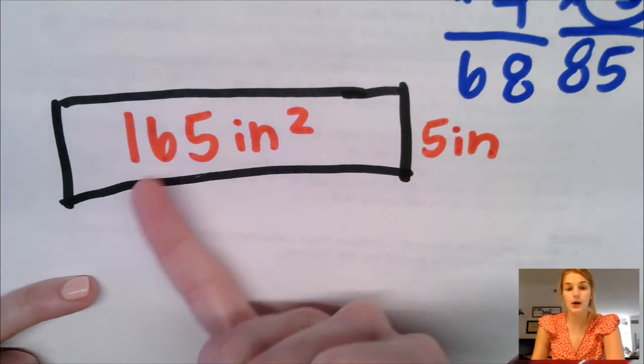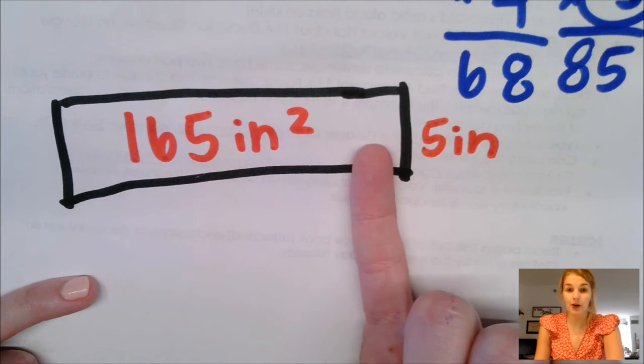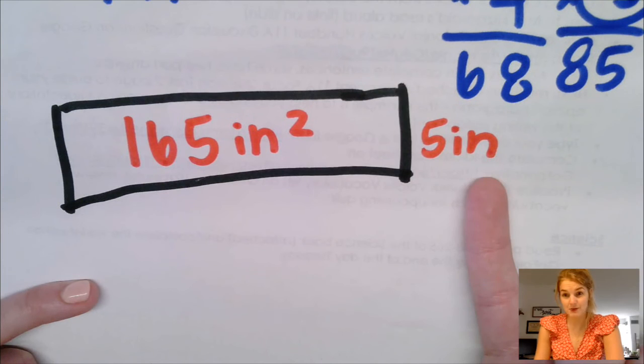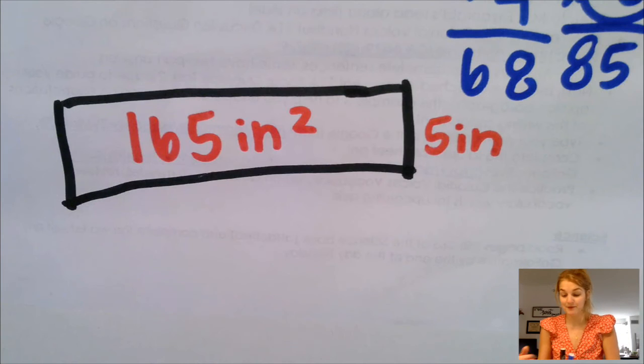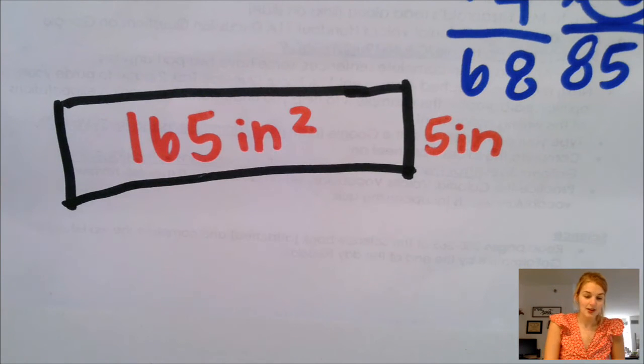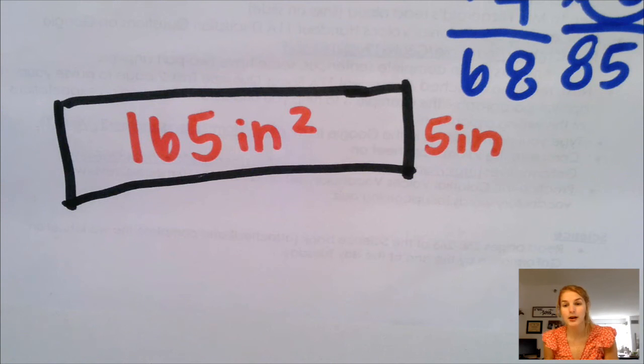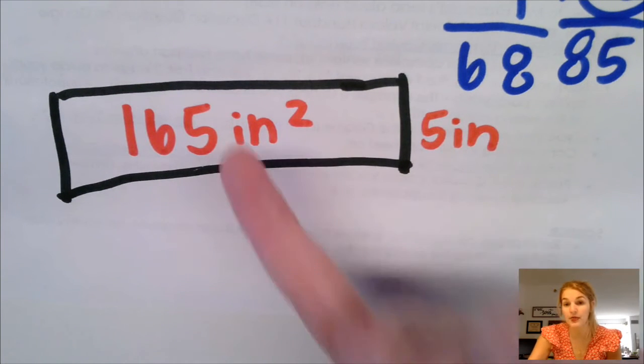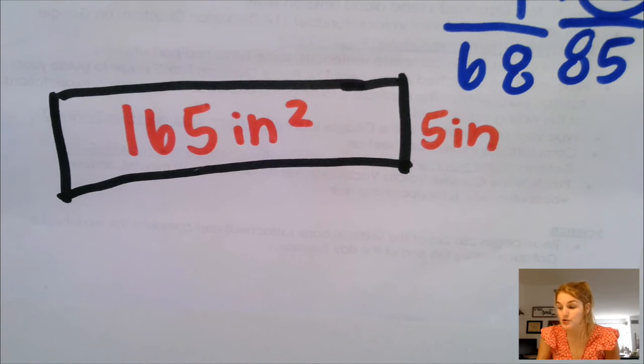So remember, squared is going to be for our area, and then over here we just have inches because it's just the length. So let's see. Remember, we're trying to figure out 5 times what, because length times width gets you our area.